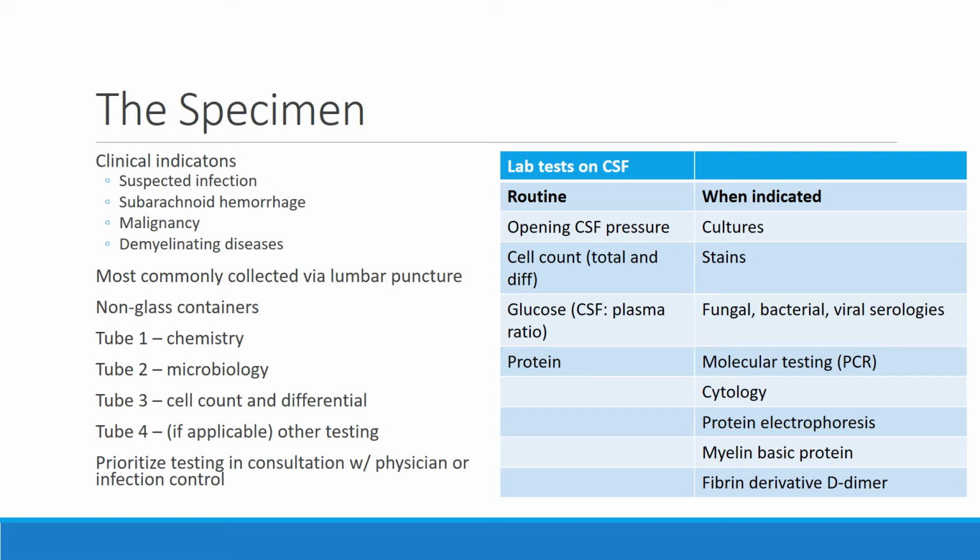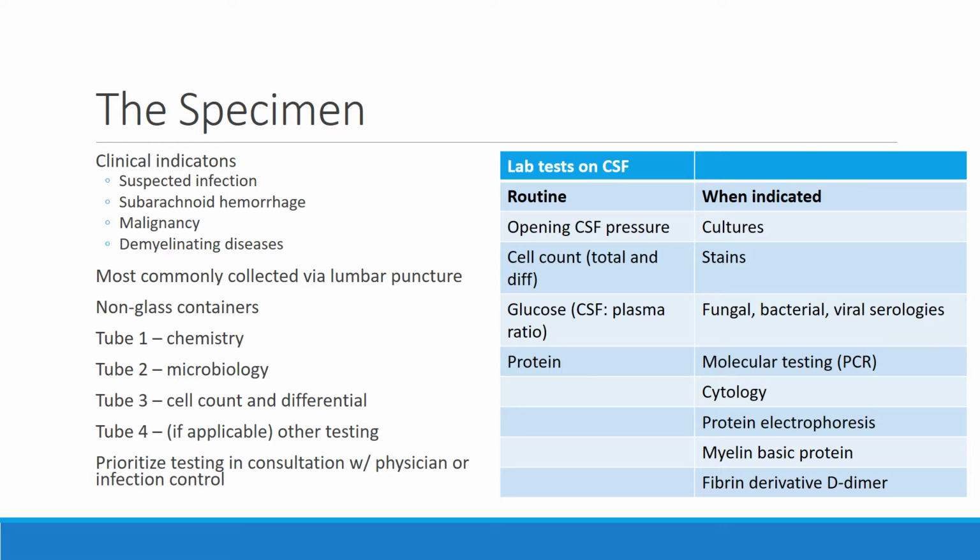They're sterile kits that contain 4 of these non-glass containers, which are labeled with numbers on the side of them, and they must be non-glass. Okay, we don't use glass in the modern clinical laboratory anymore anyway, but CSF can interact with the glass, and you can get what looks like, or it actually will look like clotting, so you definitely don't want that to happen.